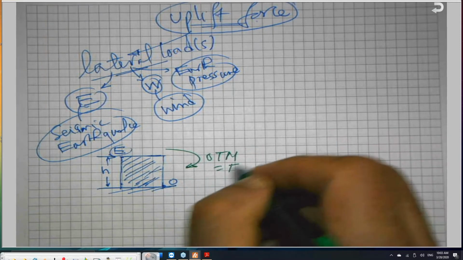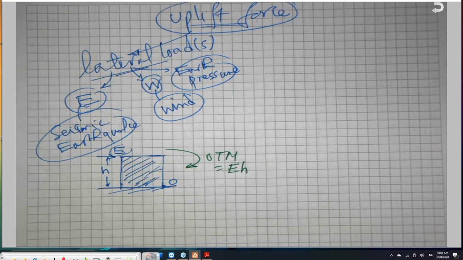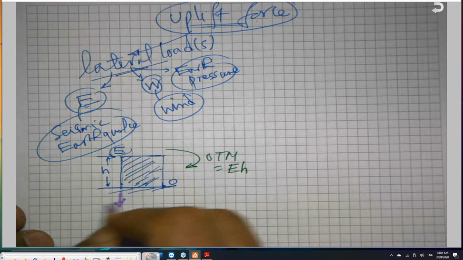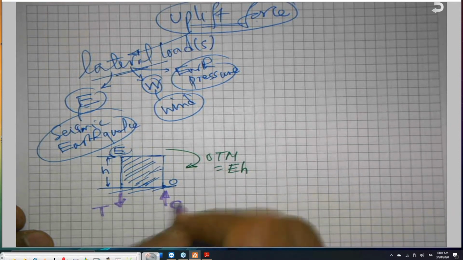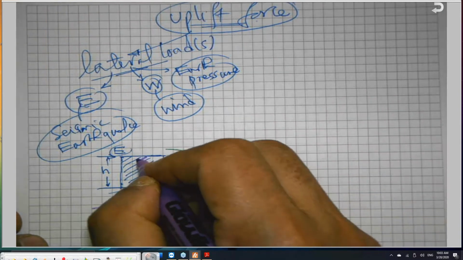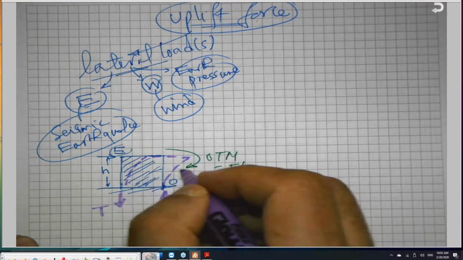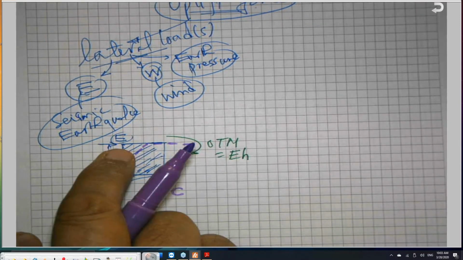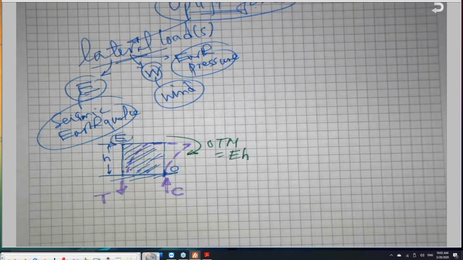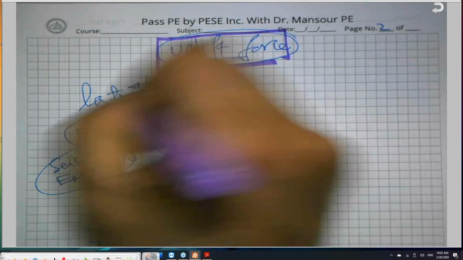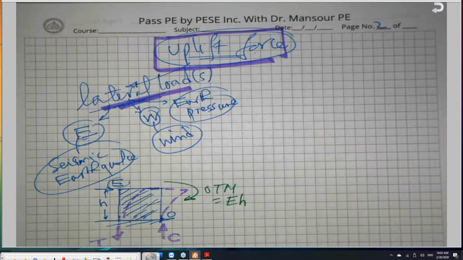If this is H, the height, the OTM is equal to E times H. This will make the structure have tension on this side and compression on this side. So it could be earthquake, it could be wind, it could be lateral earth pressure. So uplift force will be generated due to a lateral load or lateral loads.